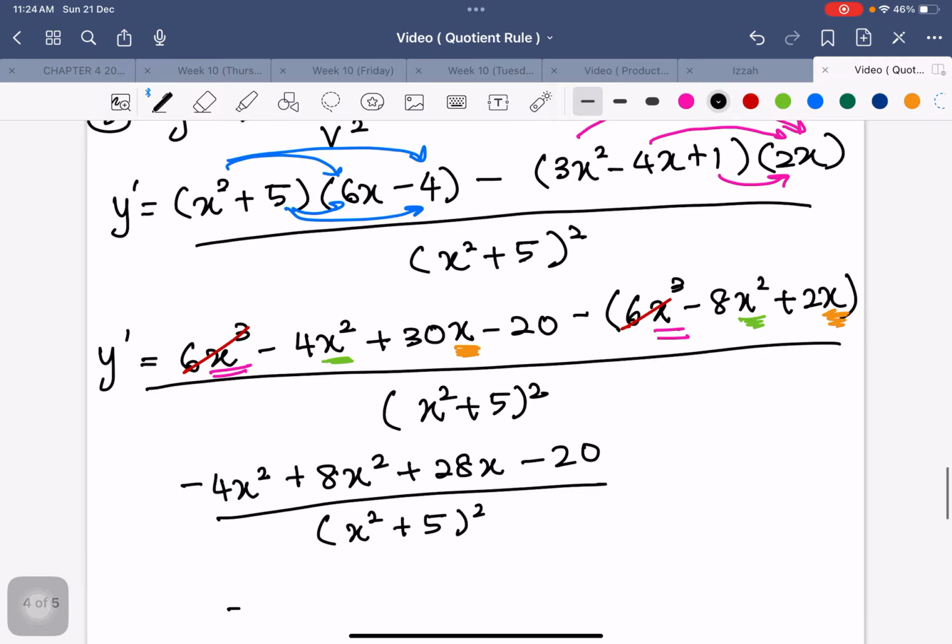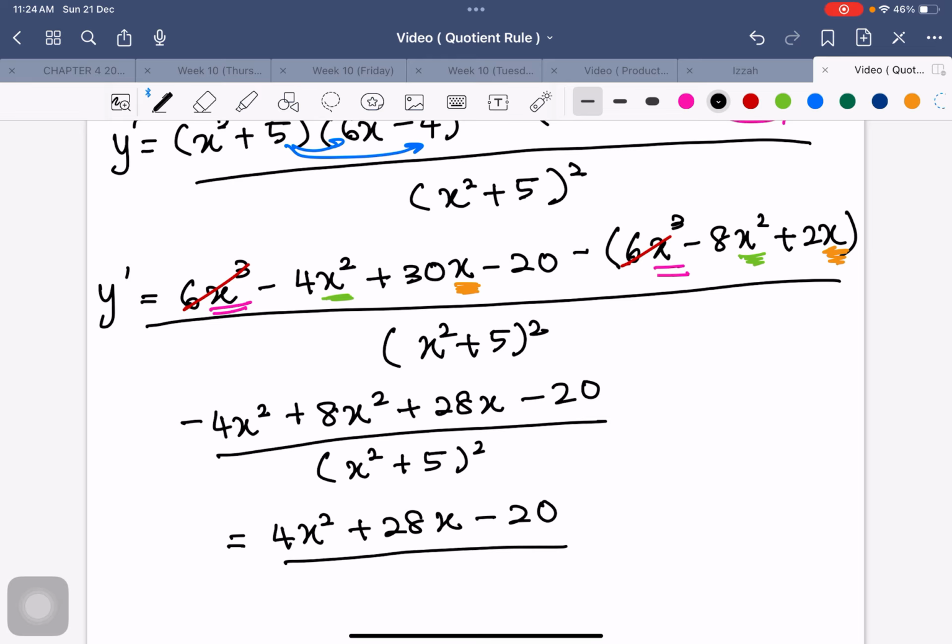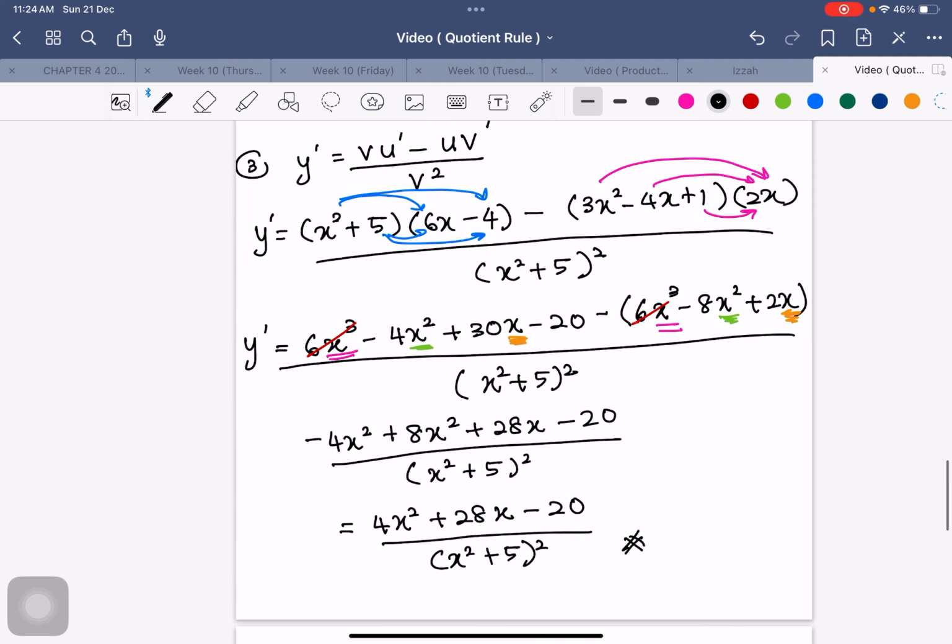So this one is equals to, so you ada lagi satu benda lah, yang ni dengan yang ni. Okay. So 8 tolak 4, so you akan ada 4x squared plus 28x minus 20 over x squared plus 5, the whole thing squared. So this is the last answer.